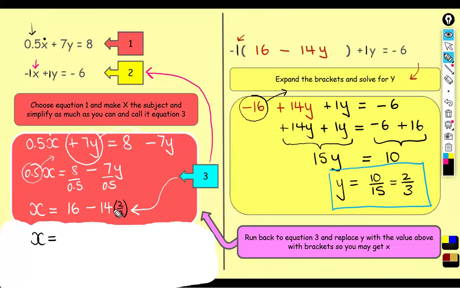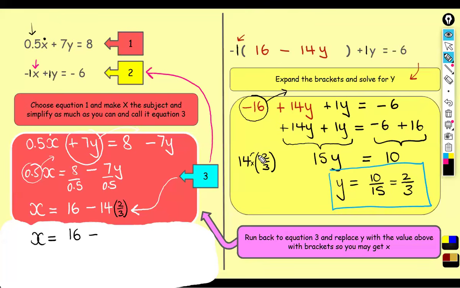On your calculator, there's a fractions button, right? So all you have to do is type in 16 minus 14, and, well, let me show you how to work this. I know this is primary school stuff, but I'm going to show you 14 times 2/3. This is really 14 multiplied by 2/3.